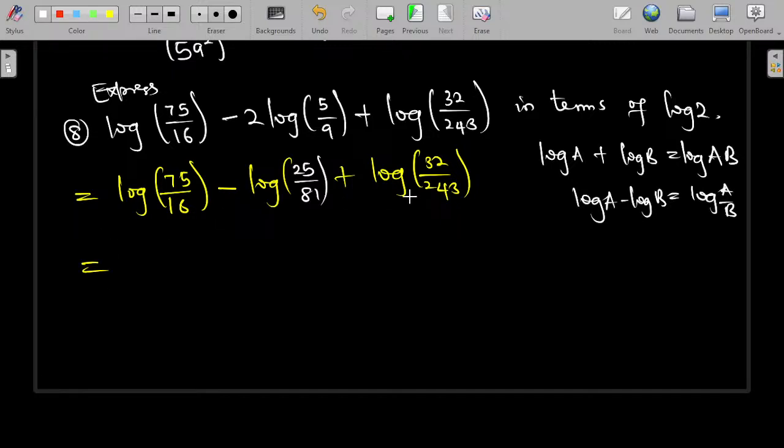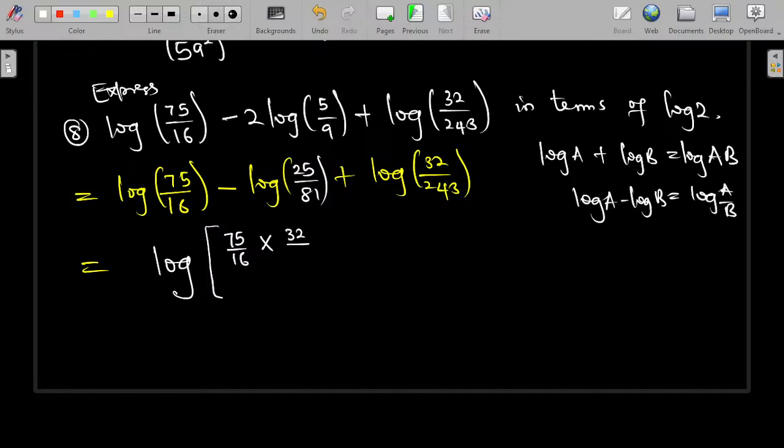We are going to apply the two rules at once. First of all, we do the addition. So this is going to be one log now. Then let's bring a big bracket. The ones that are adding will multiply. So I'll have 75 over 16 multiplied by 32.